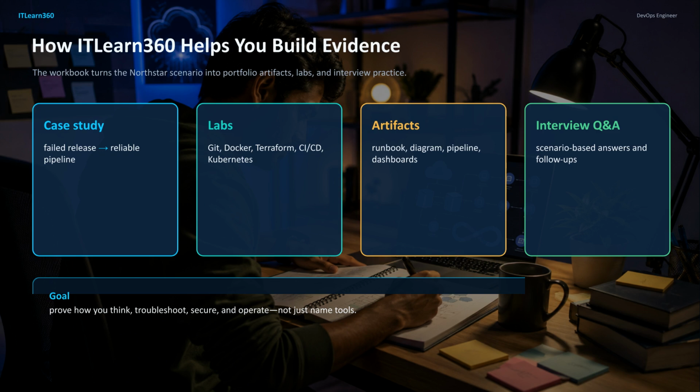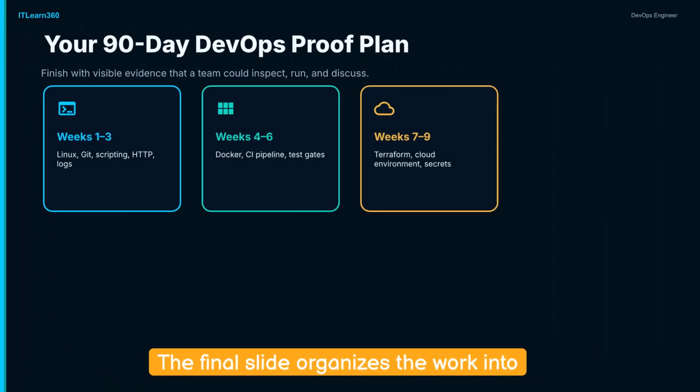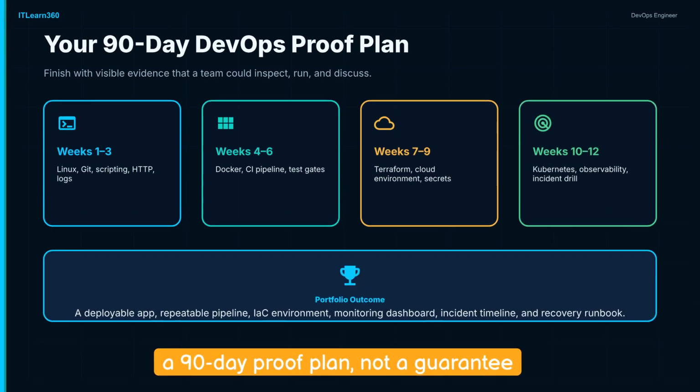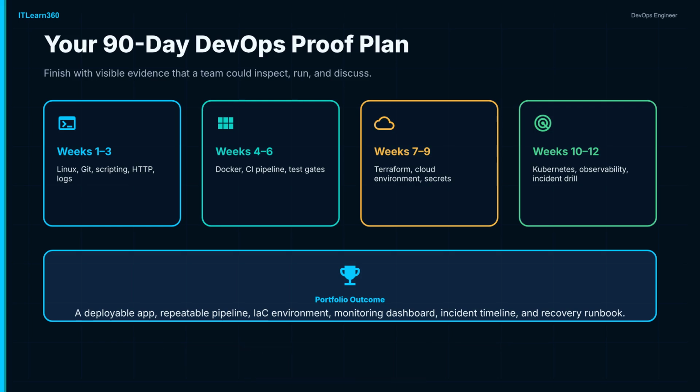The final step is to organize that work into a focused proof plan so each phase produces visible evidence instead of another disconnected tutorial. The final slide organizes the work into a 90-day proof plan, not a guarantee of employment or readiness. Start with Linux, Git, scripting, HTTP behavior, and logs. Then build a Docker-based CI pipeline with test gates.